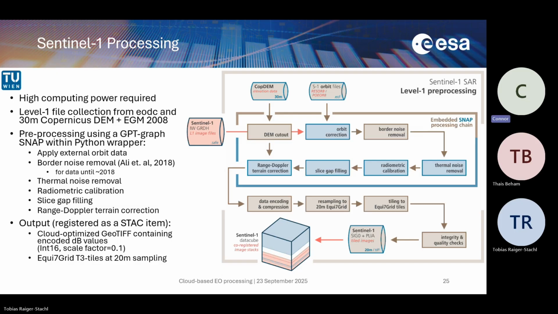Here you see a bunch of operations. I will not go too much into detail, but the takeaway message is that quite some steps are needed to make Sentinel-1 usable. It's just a must.